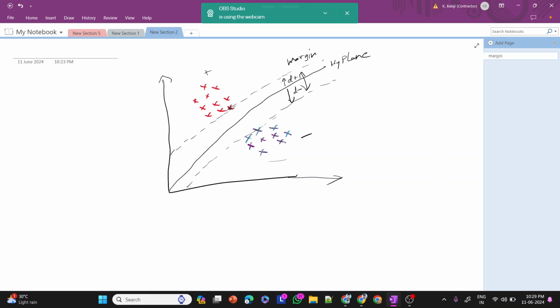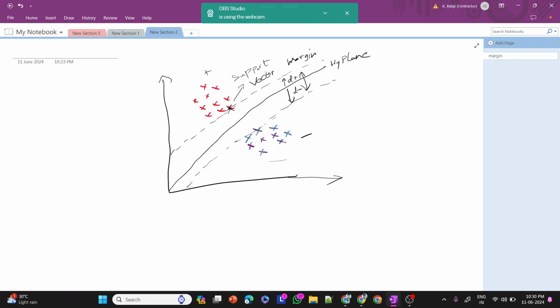Here in this positive group, this point is near to this line. This is called a support vector. These points are called support vectors.